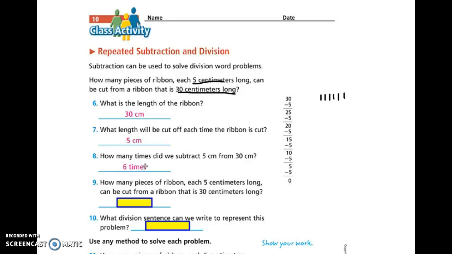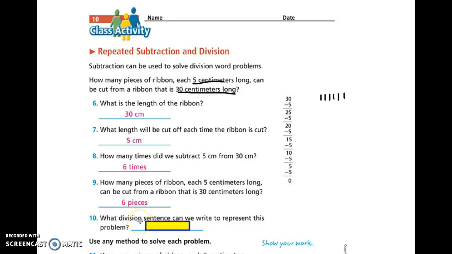All right, so how many pieces of ribbon, each 5 centimeters long, can be cut from a ribbon that is 30 centimeters long? So how many pieces can be cut down? 6 pieces, right? So we subtracted it 6 times, so 6 pieces can be cut off.